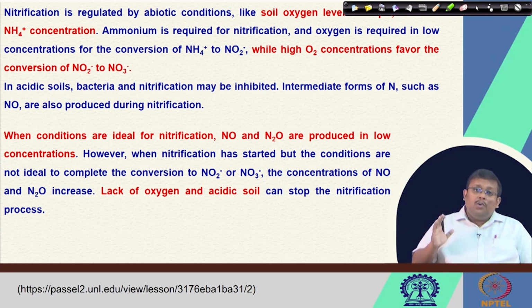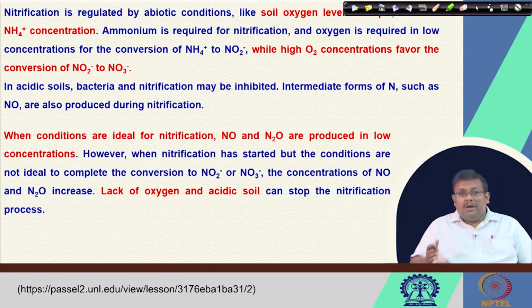You should always keep in mind these factors while taking a decision regarding the nitrification process, because nitrification is a complex interplay of different environmental factors and microbes, and one should have a clear idea about this process, so that the maximum amount of nitrogen can be available to the plant. Otherwise, there will be loss of nitrogen.